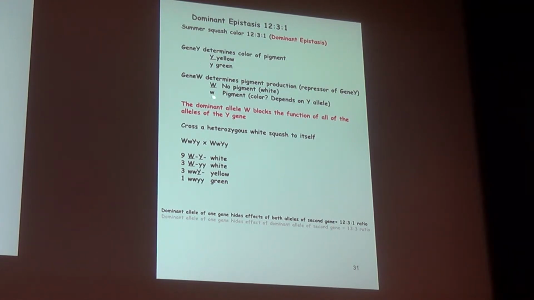So when you're big W, you get no pigment being made. When you're little w, the pigment will be made, but the color of the pigment will depend on whether you're big Y or little y. So the dominant allele of W will block the function of the Y gene.